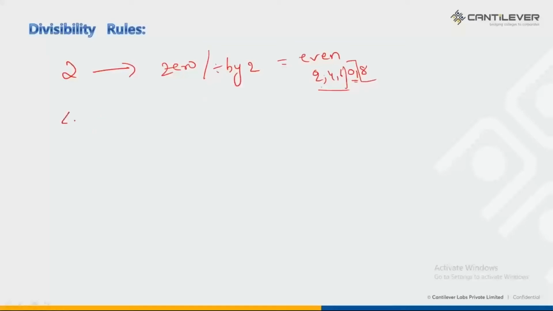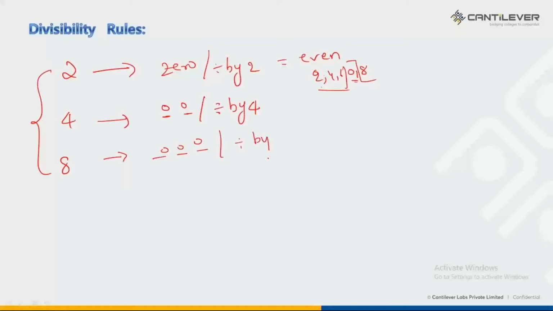Similarly, for 4, last 2 digits should be either zeros or a number divisible by 4. And 8, see, 2, 4 and 8 will come under one category. For 8, last 3 digits should be either zeros or a number divisible by 8.